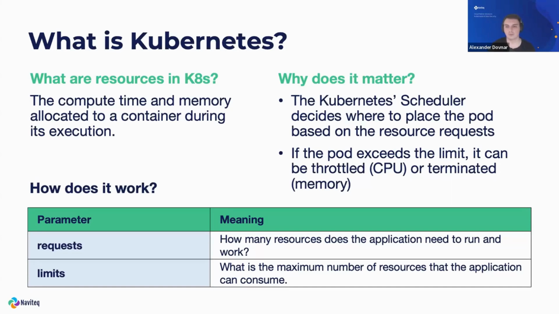The Kubernetes scheduler uses request numbers to decide which node it should place this pod on. So the bottom line: if you don't correctly set resource requests and limits, pods fight for resources, or nodes are underutilized, and other things which we will talk about a little bit later.